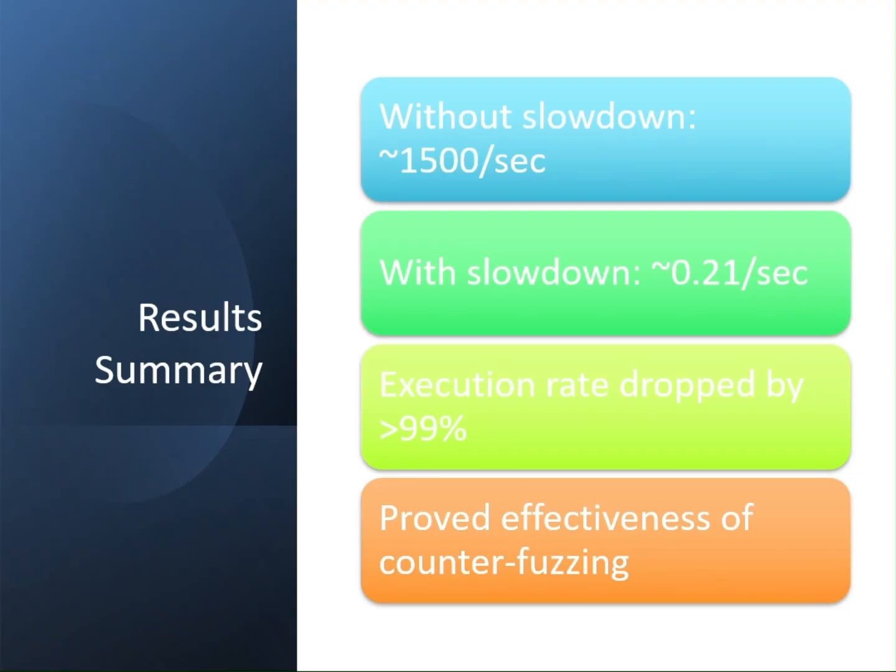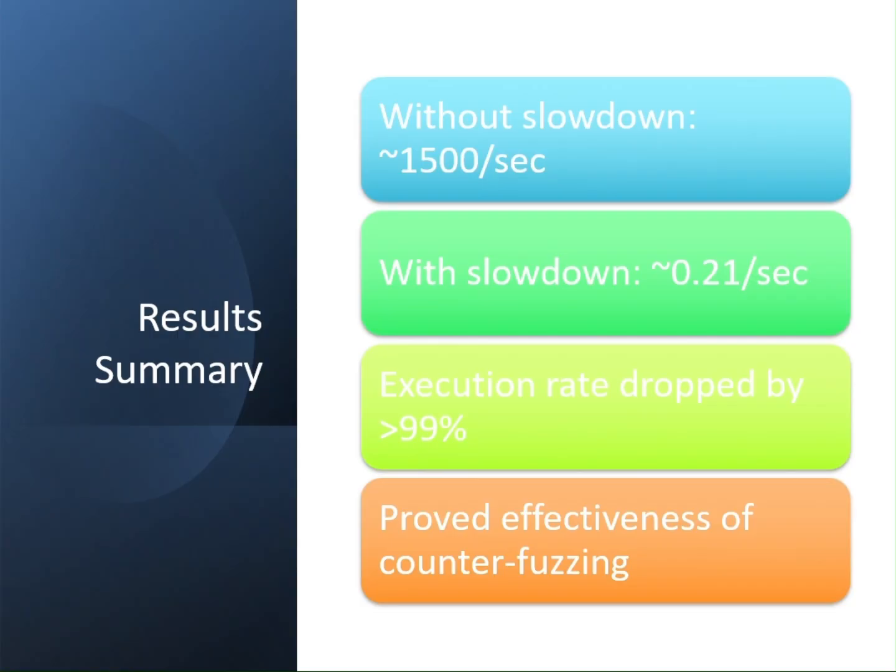All right, so we've seen the live demo of counter fuzzing in action. Now I will summarize the results and talk about the broader picture, why this works and what it means.